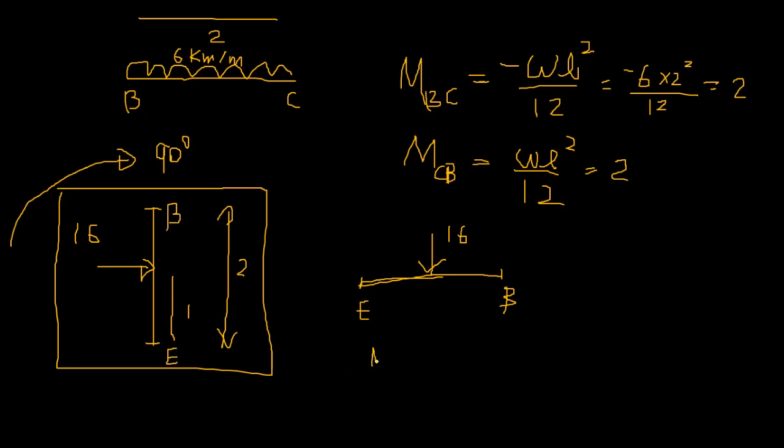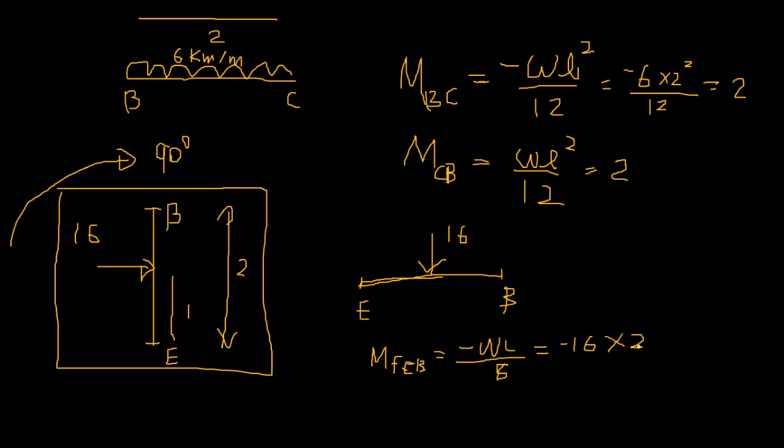So your fixed end moment EB is going to be minus WL over 8. Minus is the anti-clockwise, right?